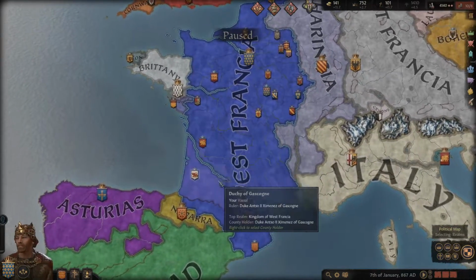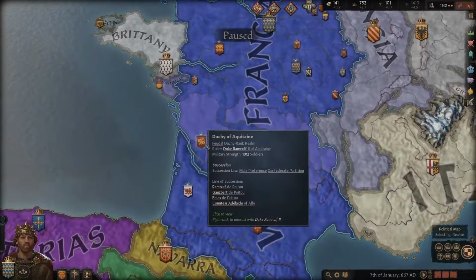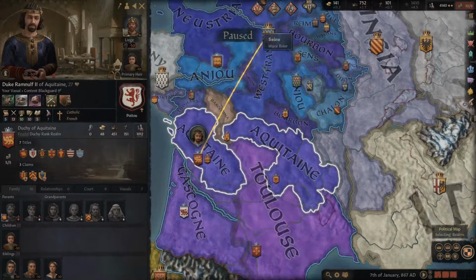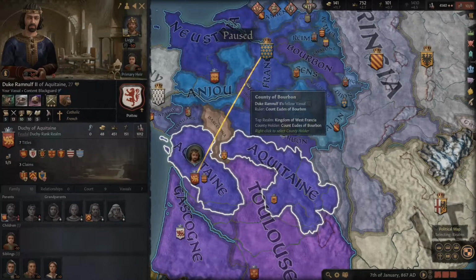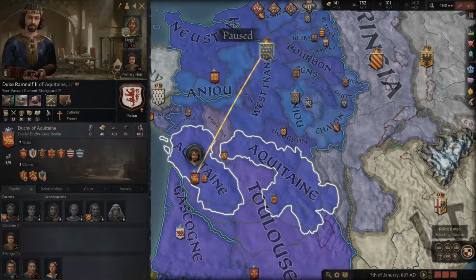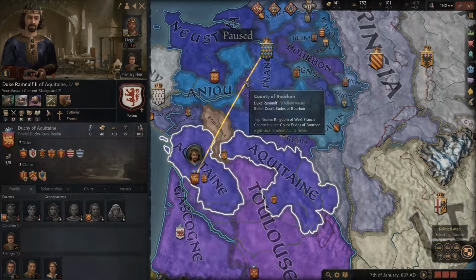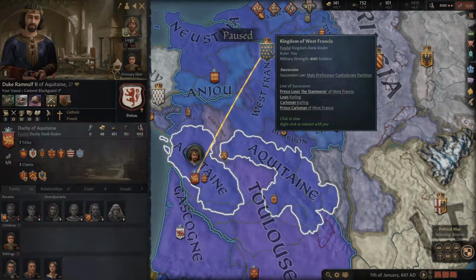So let's say I wanted to see who the Duchy of Aquitaine is a vassal of, just click on his shield here, and you'll see that the thick yellow line means that he is the vassal of someone. The thick yellow line leads all the way up to the King of West Francia. So he, the Duke of Aquitaine, is the vassal to the King of West Francia.